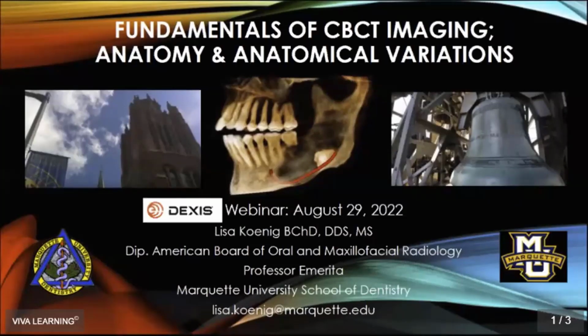What is the radiation dose for CBCT compared to panoramic? Well, as I showed you, it depends on the machine, it depends on the field of view, and it depends on the voxel size. So as I said, the radiation dose for a pan is somewhere between 9 and 25 microsieverts. The average is about 20 microsieverts. Most medium field of view cone beam CTs are somewhere in the average, maybe between 35 and 60 microsieverts.